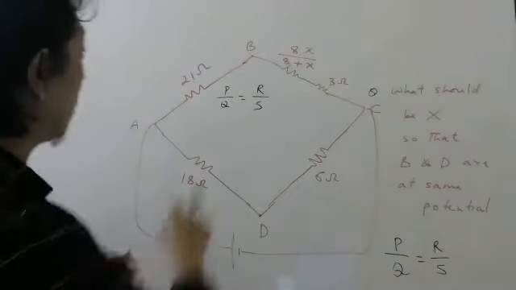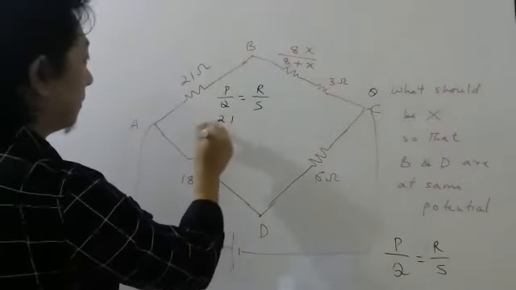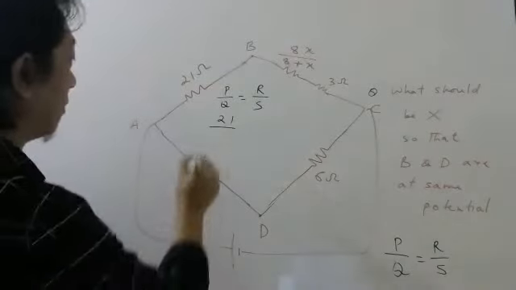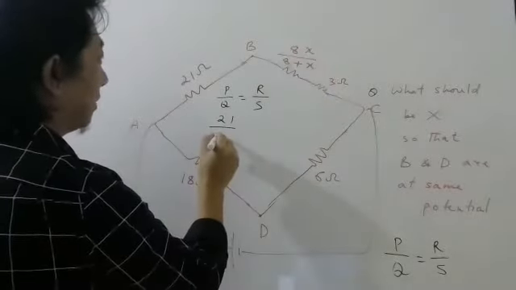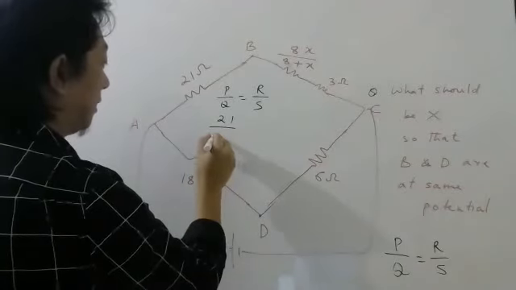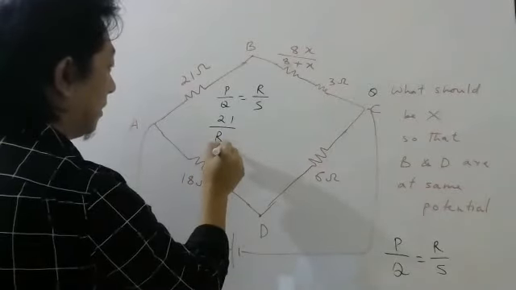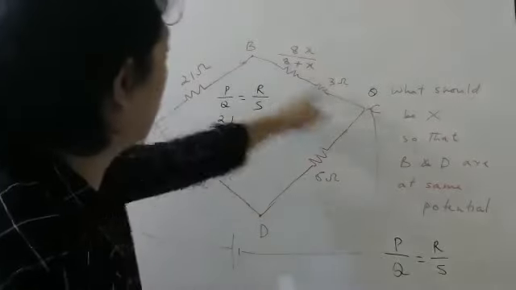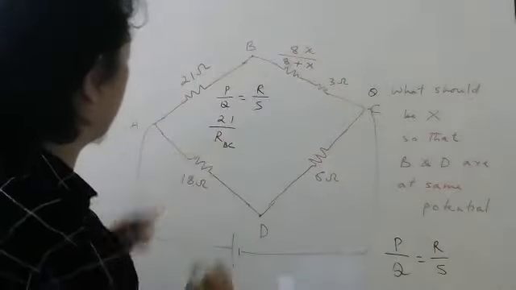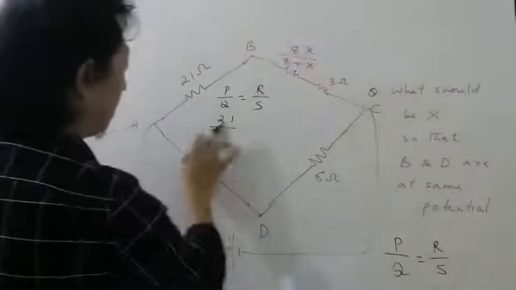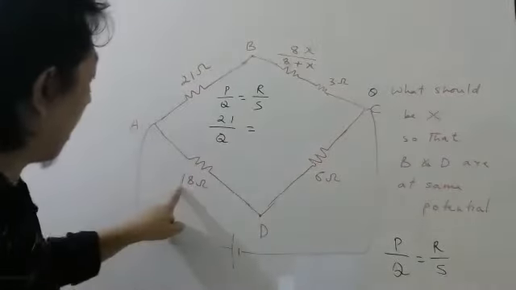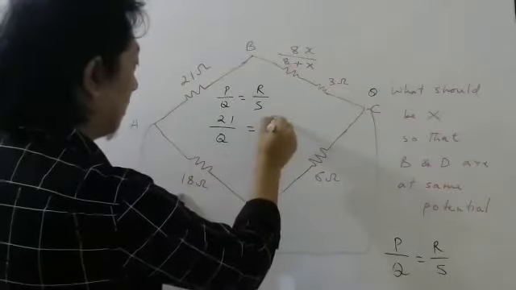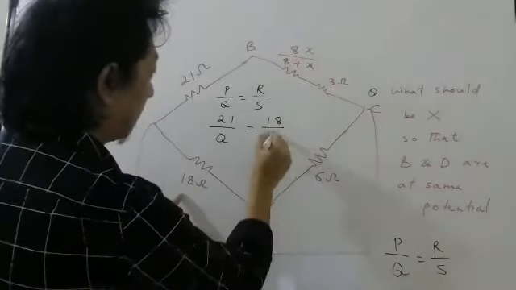So what is P? 21. What is Q? We have to find. Let us write this resistance as RBC. So here, whatever resistance is there, let me write RBC. So P by Q, or let me write Q only, no problem. P by Q should be equal to R by S. R is 18, S is 6.